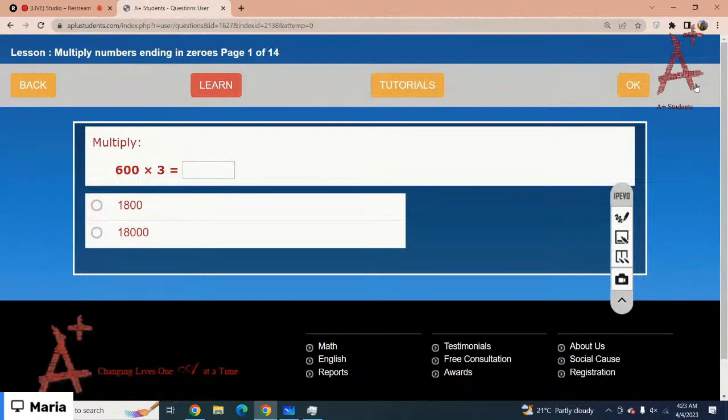Multiplying the numbers with zeros is very easy. Just multiply the non-zero values and at the end add the zeros.